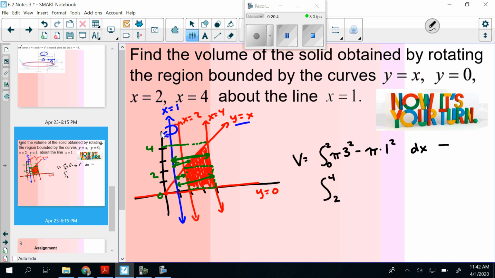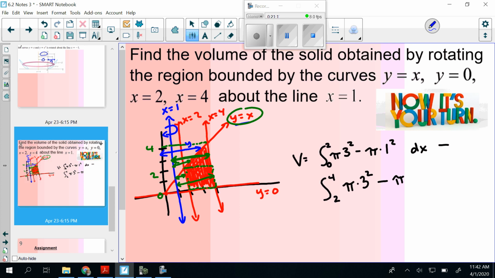So that one's going to be pi times 3 squared minus, what's that inside radius going to be? Pi times what here? Well, that radius now becomes a little bit different. What's the difference from that line to this function here? So what we know is the distance from our function to the axis, that distance is y.